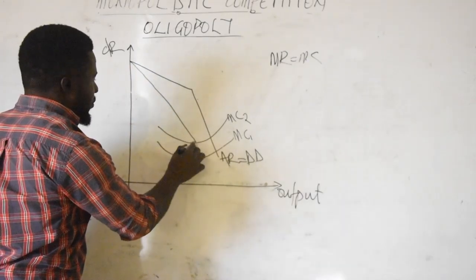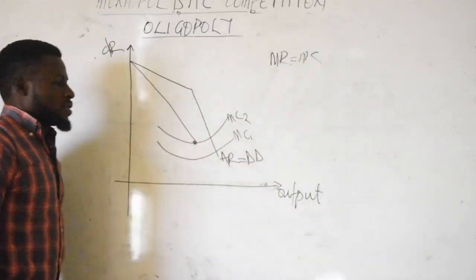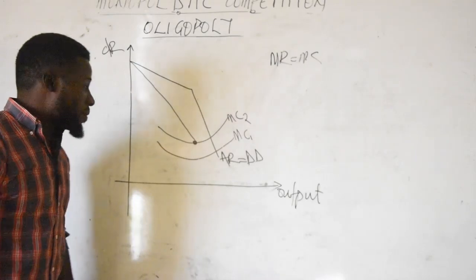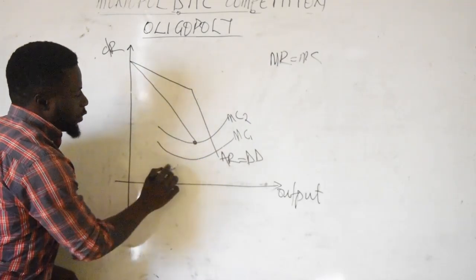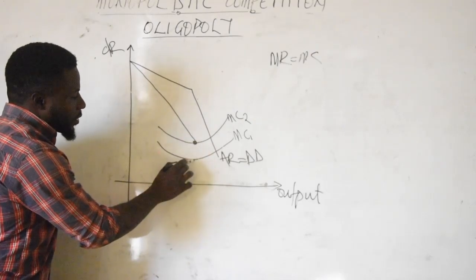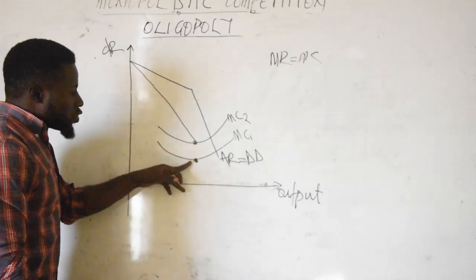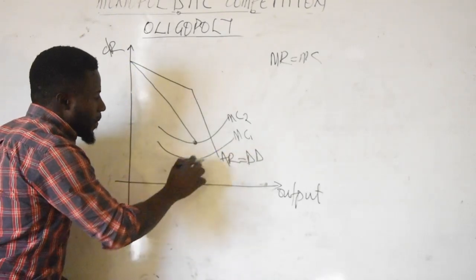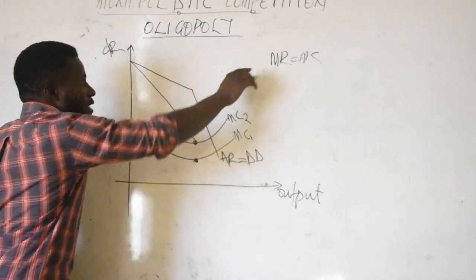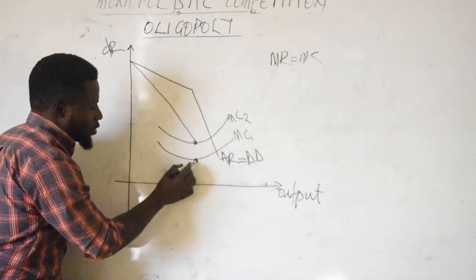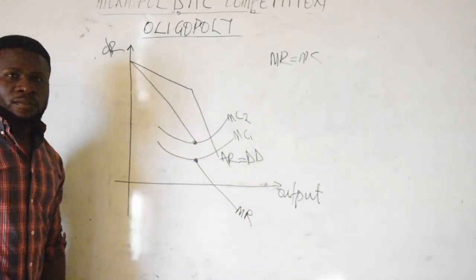We have marginal revenue being equal to marginal cost here, MR being equal to MC, where the price and output of every firm is determined. And then we do not continue on that straight line like that. You just step down straight below it to show that also at this point where marginal revenue is equal to marginal cost curve 1, that is the profit maximizing output level. So your marginal revenue slopes further like that.